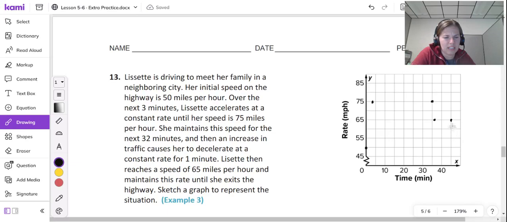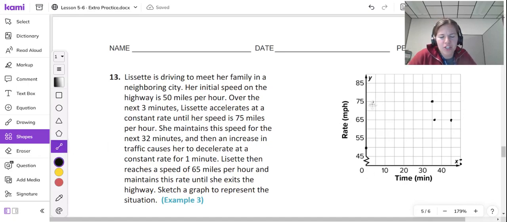So we're going to say she exits the highway about here. It doesn't specify exactly at how many minutes, and then we're going to show her deceleration here to a low number, somewhere around here. Okay, then I can connect my dots.